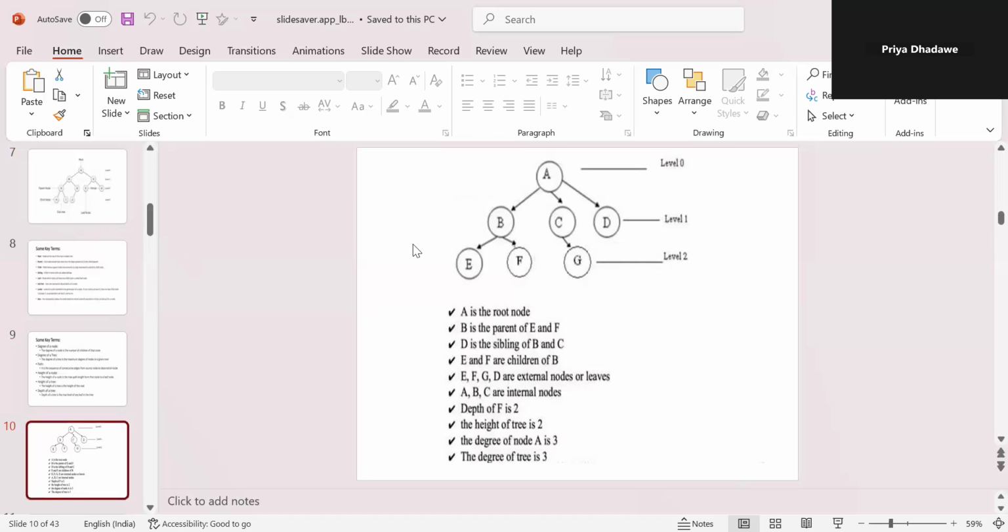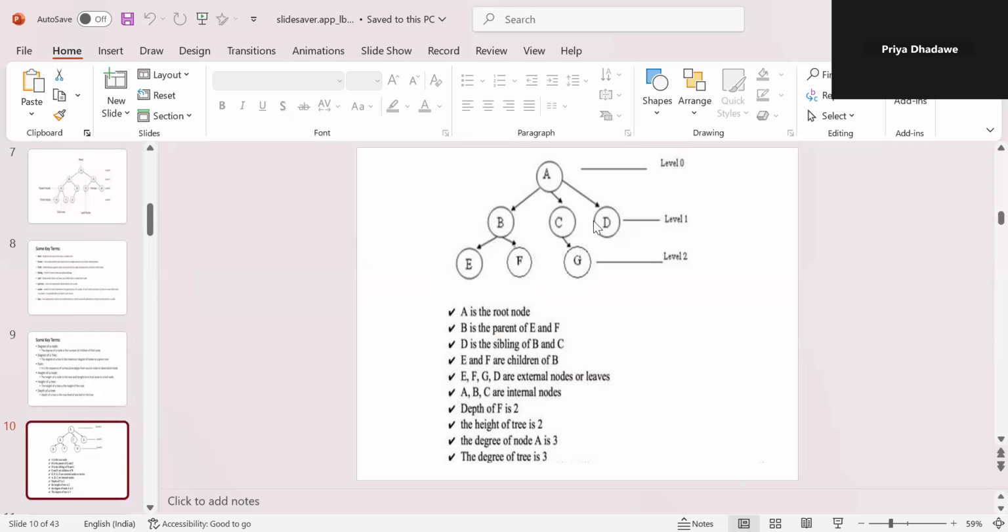Okay. So the example that we have here has root node, which is A, right? So A is the root node. B is the parent node of E node and F node. So E and F are children of B and B is the parent of E and F. So E and F are siblings.